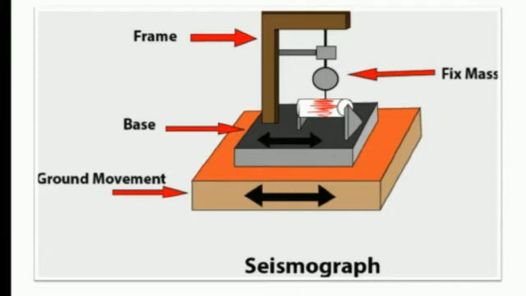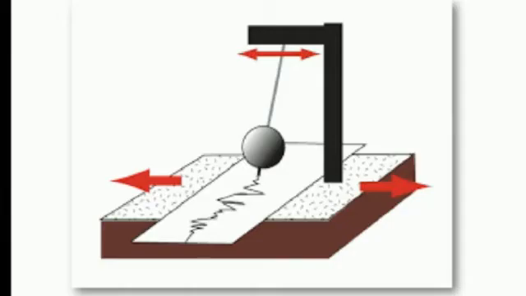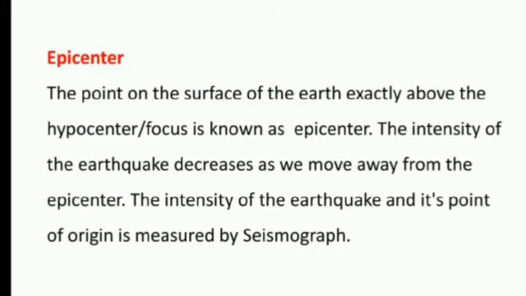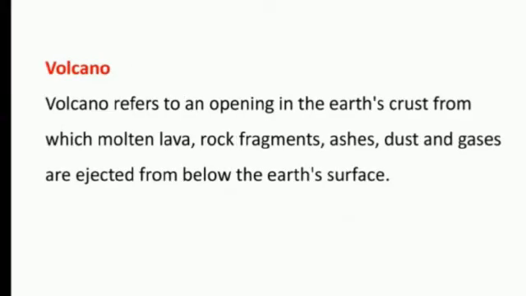The needle starts moving as the paper is placed below it, and as it moves according to the vibration of the earthquake, it gives the exact magnitude of the intensity. So the maximum damage is seen in areas closer to the epicenter.